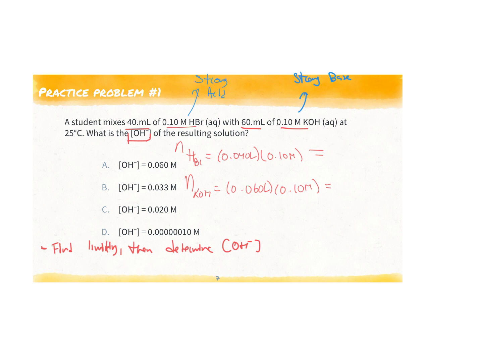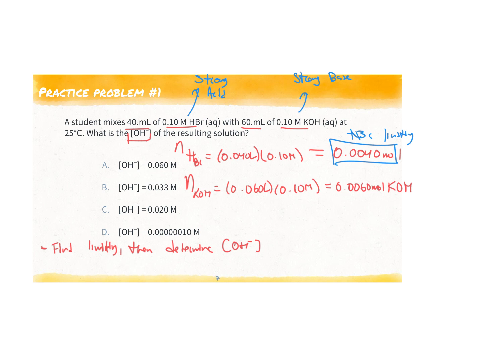This math is pretty easy. We get 0.0040 moles of HBr and 0.0060 moles of KOH. And from this, it's quite easy to tell that our limiting is HBr. Right, this is limiting because we have fewer moles and they react in a 1-to-1 fashion.